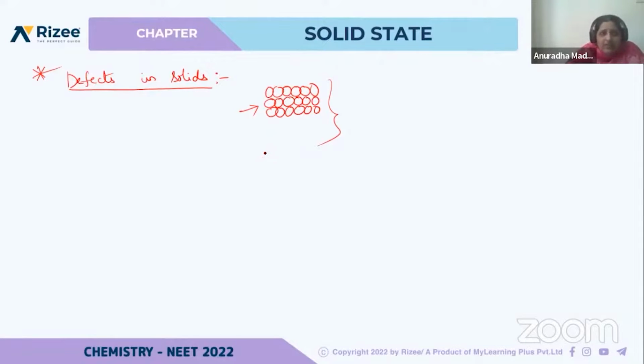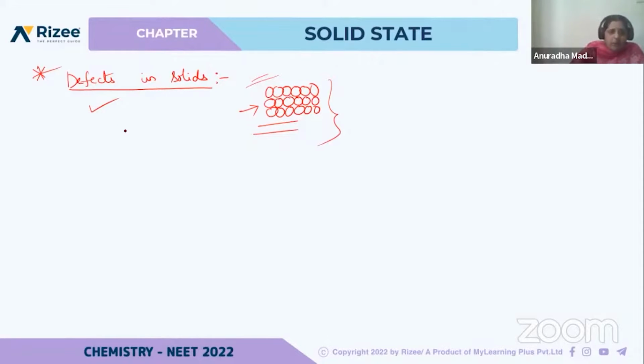Or else we can say something changes in the pattern, and then it shows different physical or chemical properties. That is the basic definition of defect.